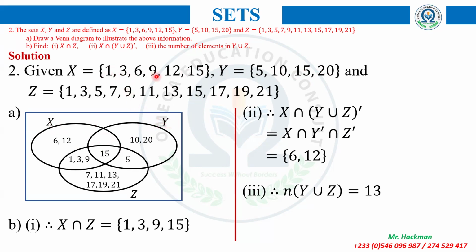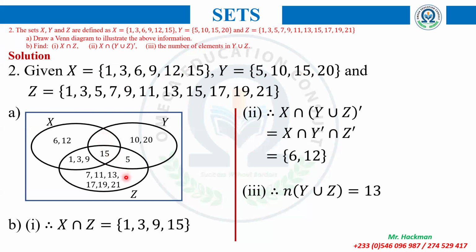Apart from 15, if you belong to X, you don't belong to Y, and if you belong to Y, you are not in X. So there wouldn't be any element that will take the position of this region.